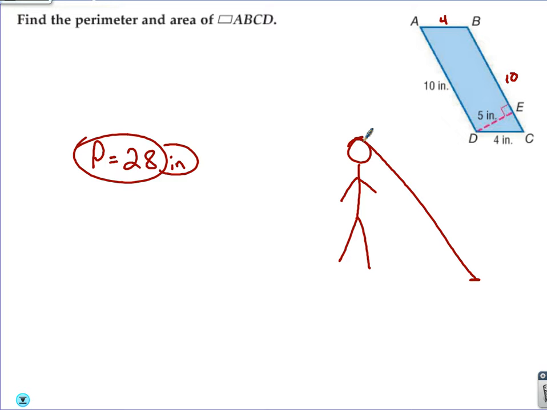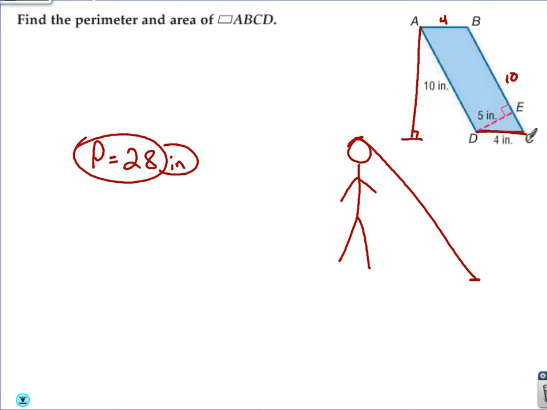That's not a height. When you're talking about height, you are talking about a perpendicular distance. The way this is oriented, if you let this be the base, the height would be the distance from the top of this figure straight down.